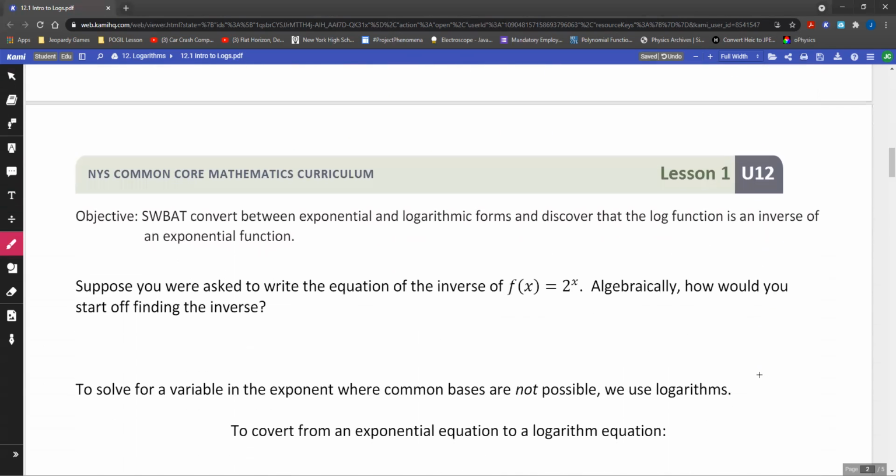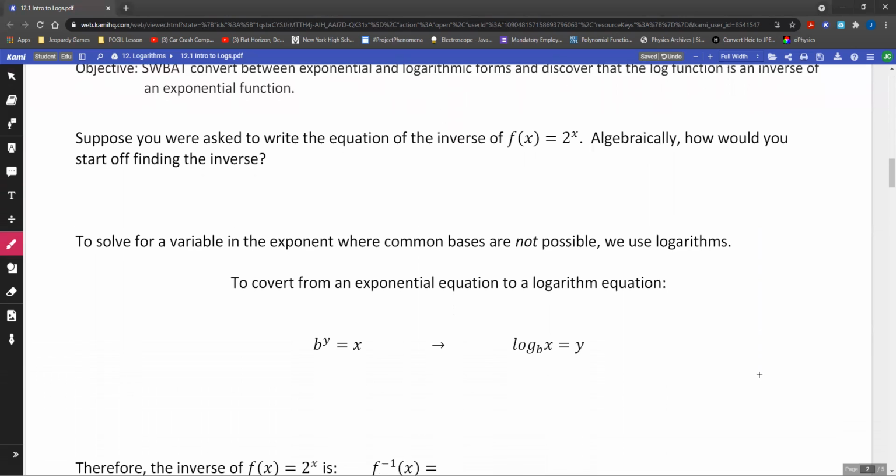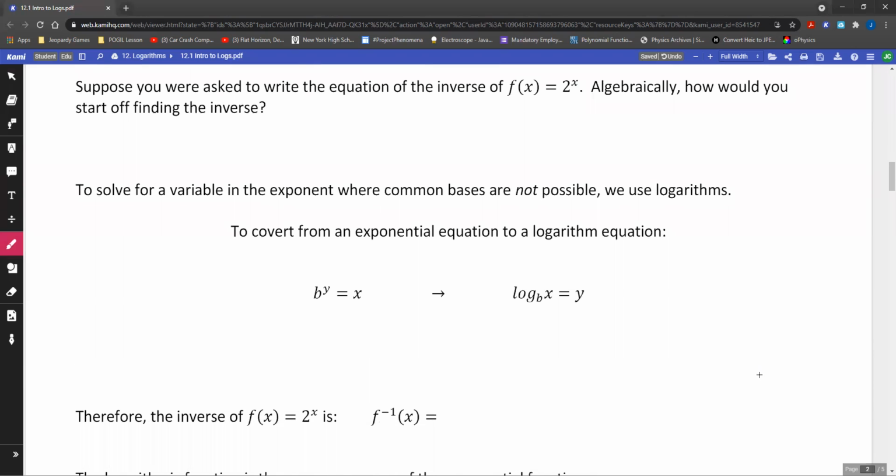So if we scroll down, they want us to know how we would write the equation that's the inverse of this, algebraically. So what we would start off doing is just flipping the x and y terms.